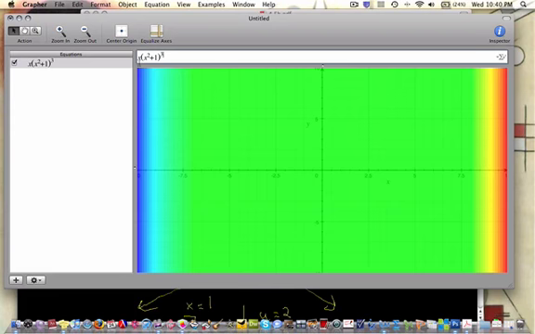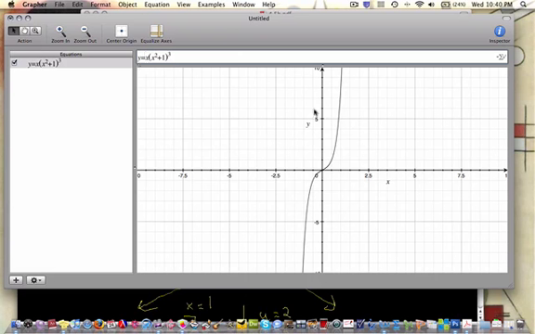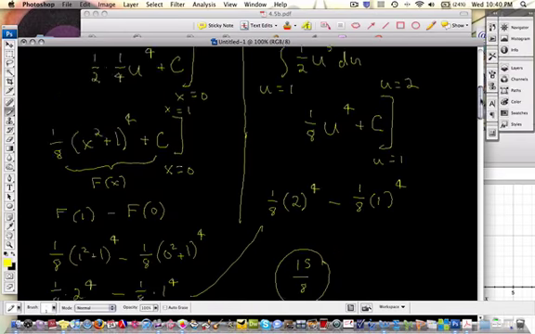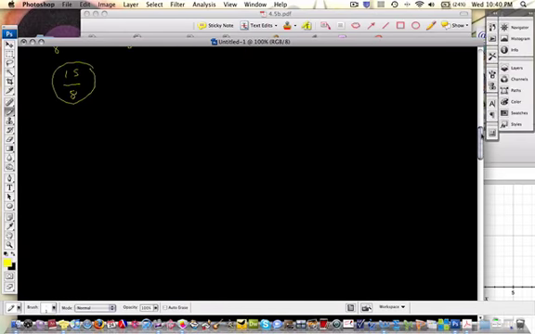Whoops, I need to do y equals. Okay. That's what the function looks like, and we're doing the integral from 0 to 1. So we're looking at the area underneath the curve of this function from 0 to 1. I'm going to draw a quick sketch of that.